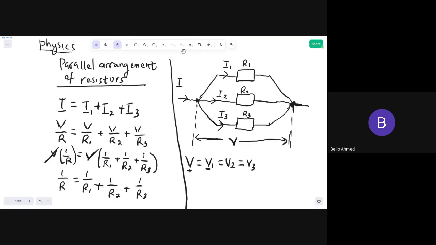Now, I want to show you something. Let's assume that we have just two resistors in parallel.